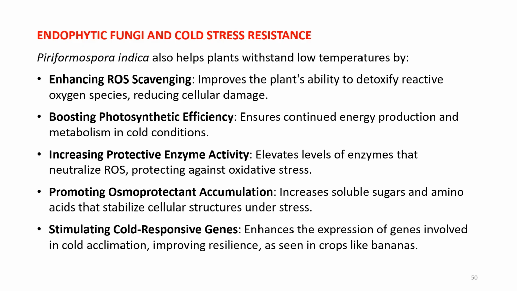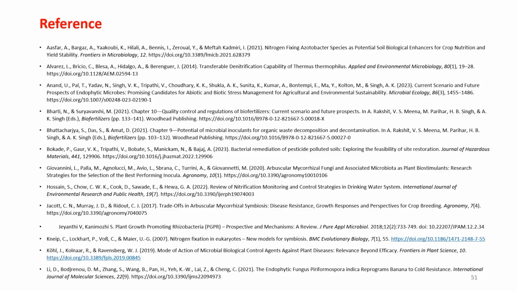Increasing protective enzyme activity, it elevates levels of enzymes that neutralize ROS, protecting against oxidative stress, and promoting osmoprotectant accumulation, which increases soluble sugars and amino acids that stabilize cellular structures under stress. And it stimulates cold-responsive genes, enhances the expression of genes involved in cold acclimation, and thus improves resilience, as seen in crops like bananas.